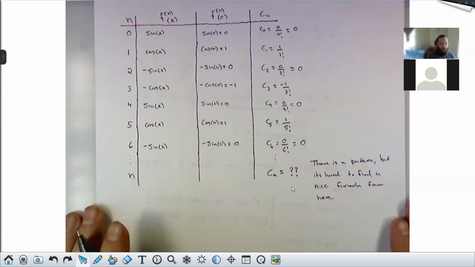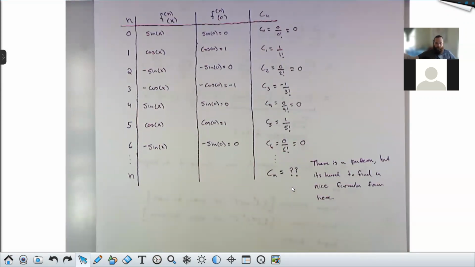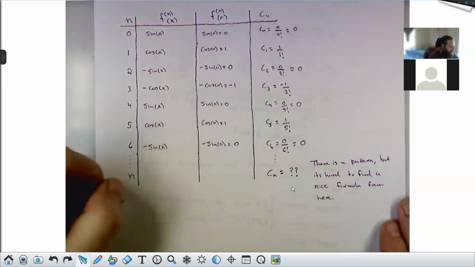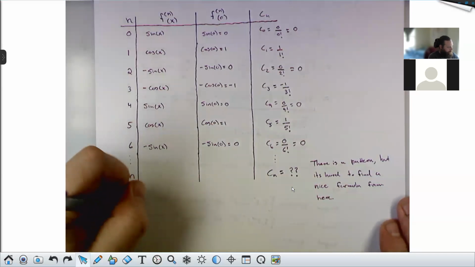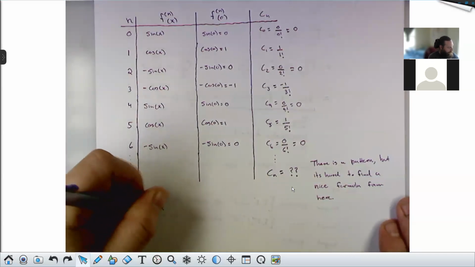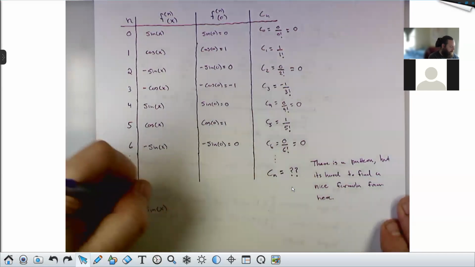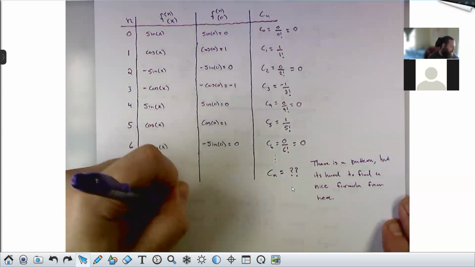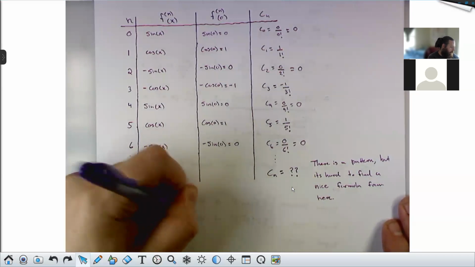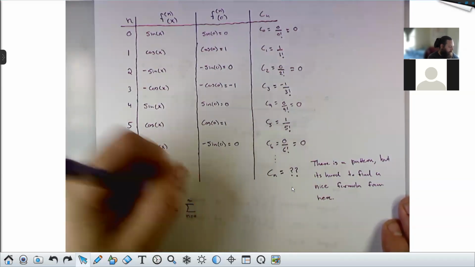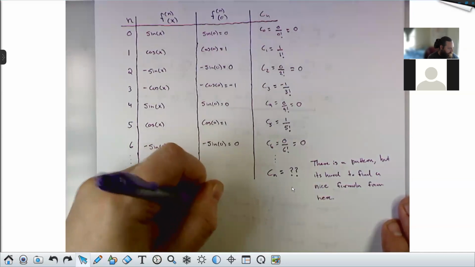So instead, what we're going to do is we're going to just start writing out the series. I'm going to plug these coefficients into Taylor's formula. And we're going to see, after I simplify and get rid of all the terms which are 0, if there is some nice way to write the resulting series. So we know by Taylor's theorem that sine x, my function, is equal to sigma n from 0 to infinity, Cn times x to the n.